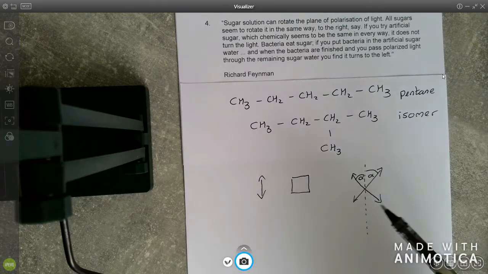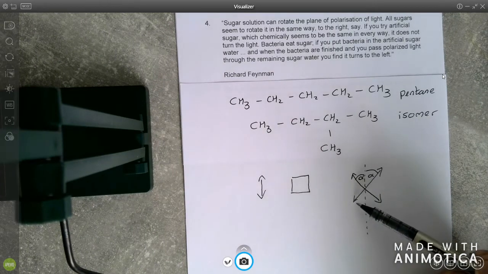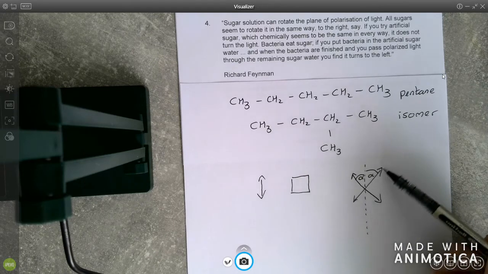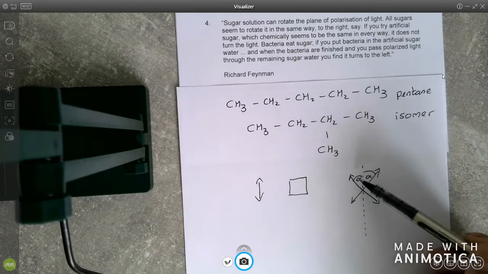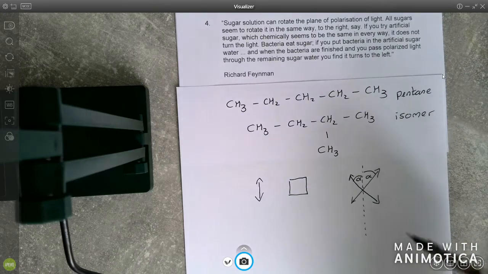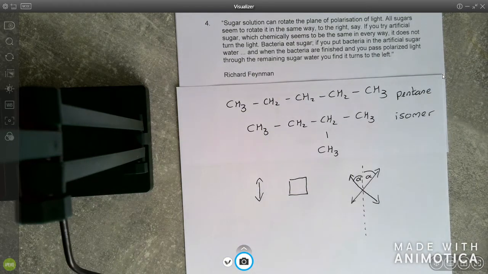So in the final part of the question, the bacteria are eating all the molecules that rotate the plane of polarization in that direction, and they'll only leave the molecules that allow the plane of polarization to be rotated in this direction. So hopefully that will give you a guide in answering question 4. Quite an interesting question and quite an interesting link between physics and chemistry.